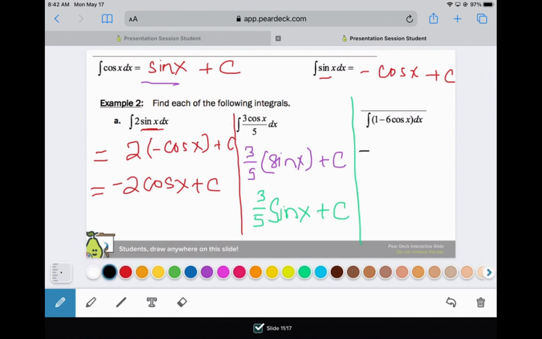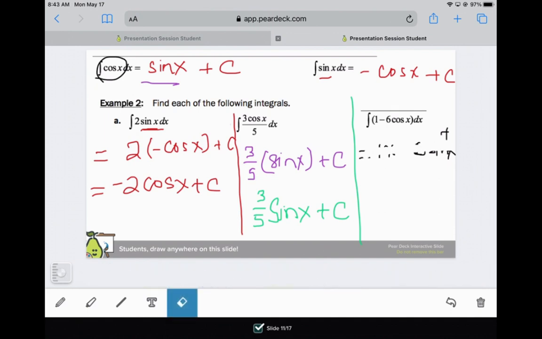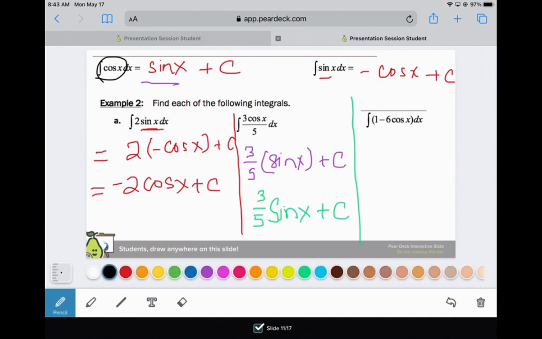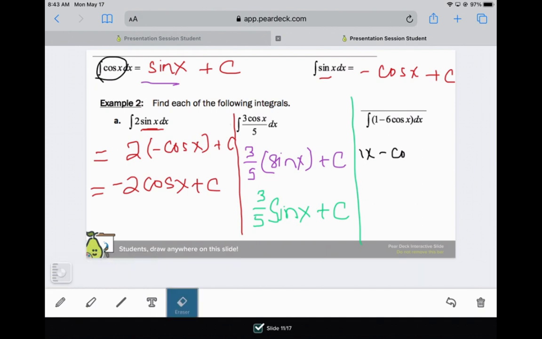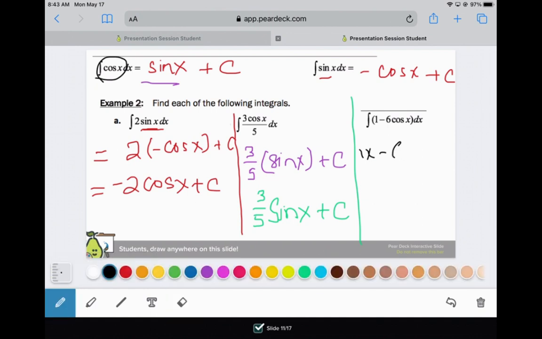All right, the last one, the 1 turned into 1x minus 6. The antiderivative of cosine is just sine. Don't forget the plus c. I don't have enough space over here, so I'm going to rewrite this. This can be 1x minus 6 sine plus c.